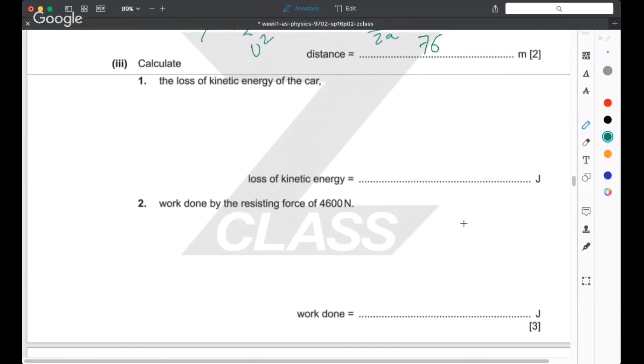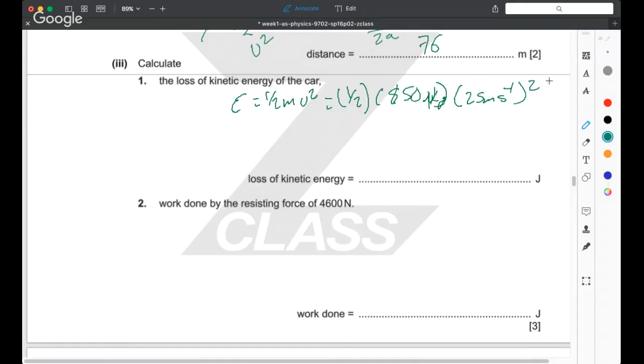So kinetic energy, how do you calculate the kinetic energy? Half mv squared. So it's half times 850, times 25 meters per second, squared.